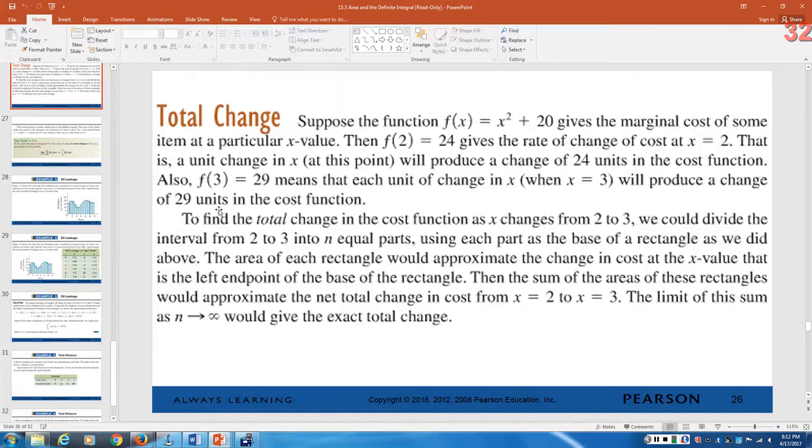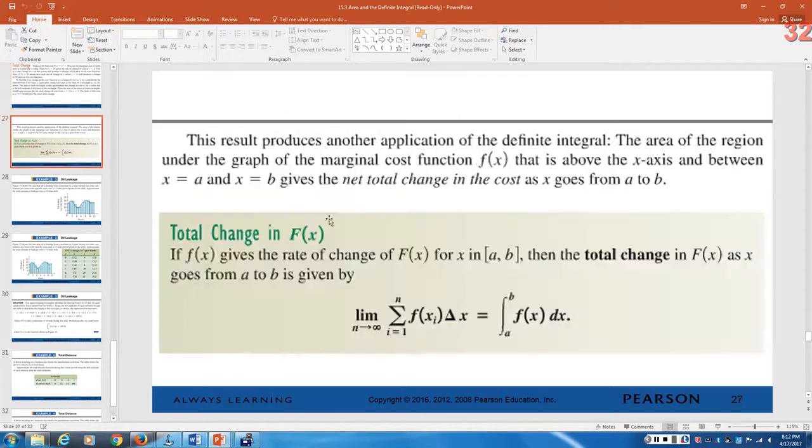Now we're not going to do rectangles. We are going to use the integral from a to b of the function to get the total change. We're going to do the calculus, which is faster.